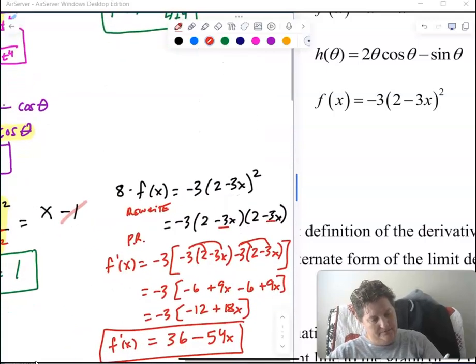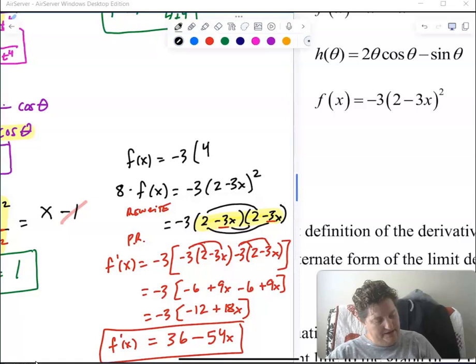The other way we can do it is to multiply that out. So I would get negative 3 times, now if I FOIL this, I get 4. Outside and inside give me minus 6, and minus 6 would be minus 12x, plus 9x squared.